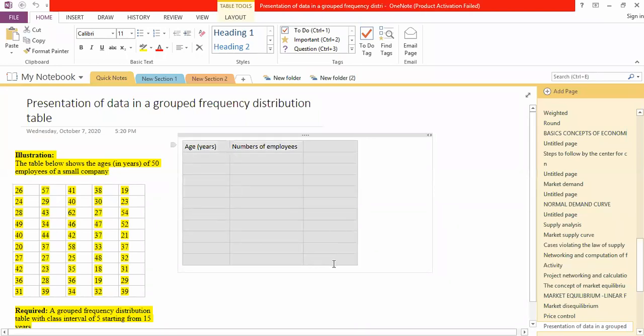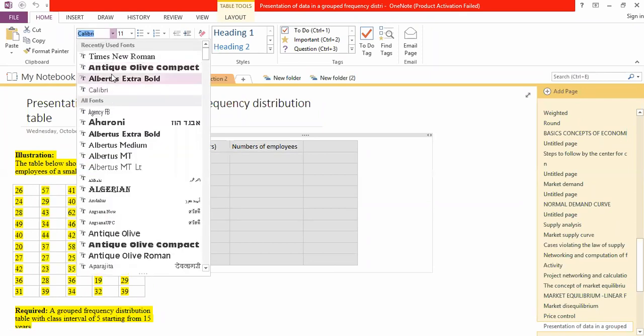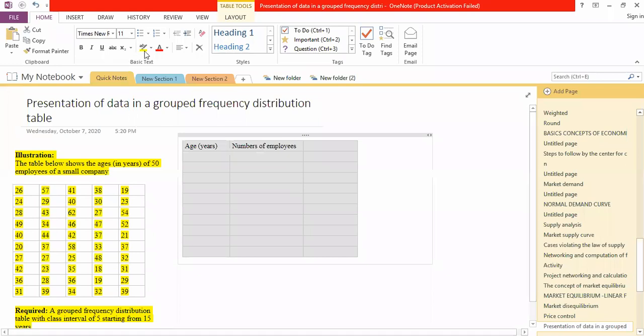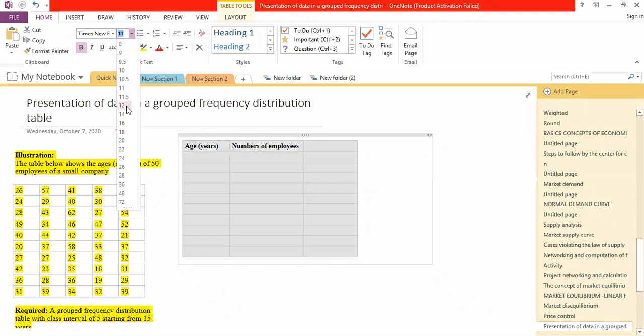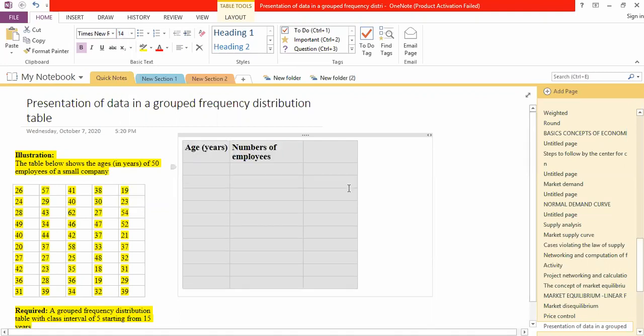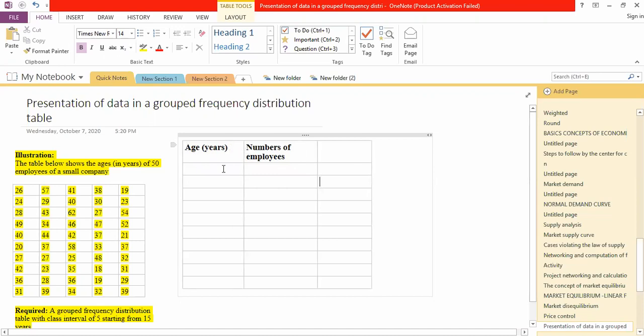The first, let me try to make this one bigger. Okay, hope that is better. So the first column is what we call class in general here.